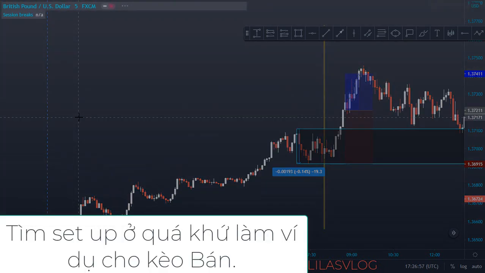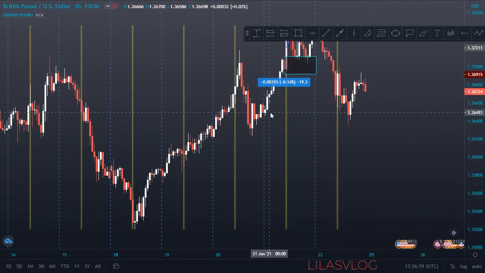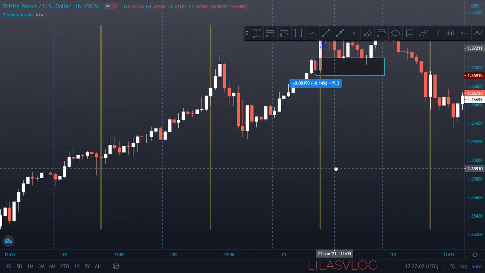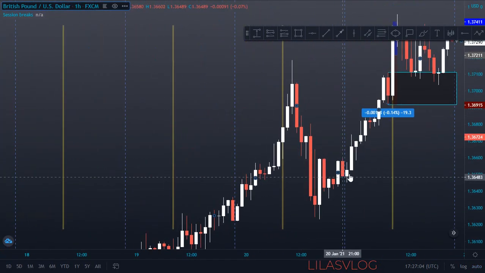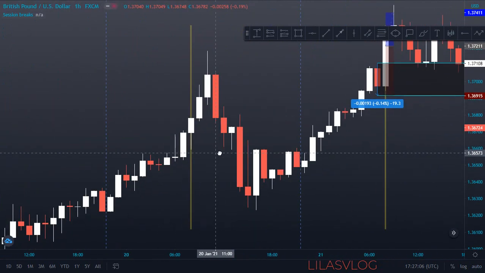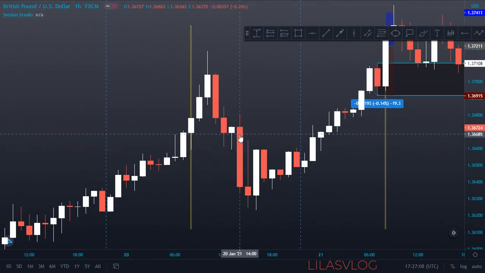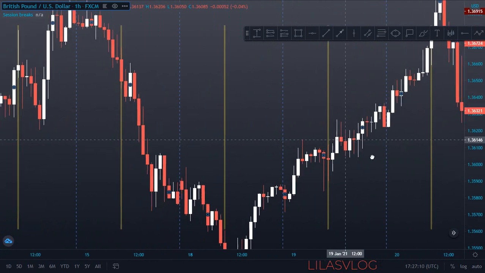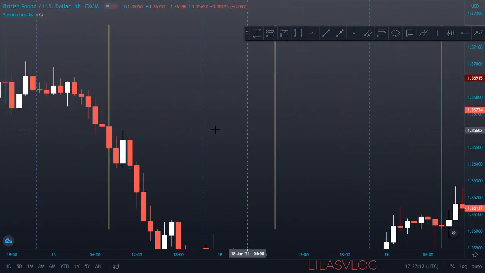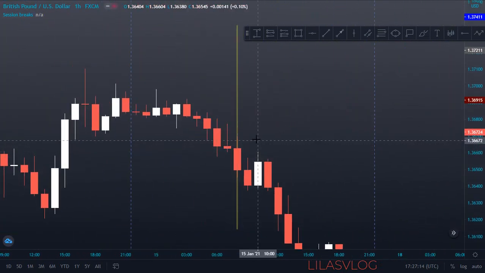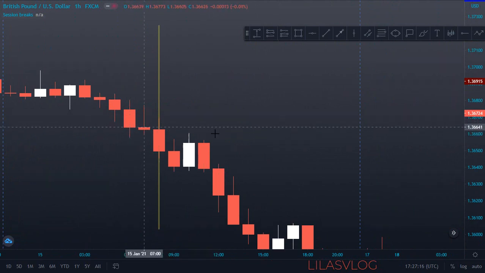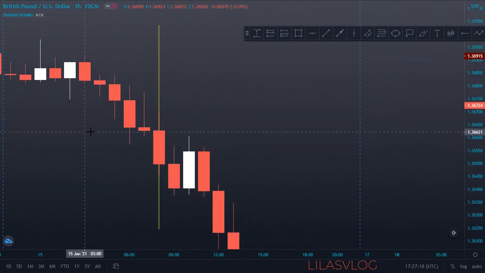Let's go to the 1 hour time frame. Alright, this day looks like a short position.